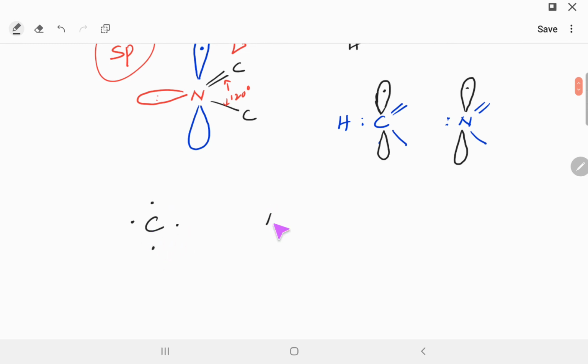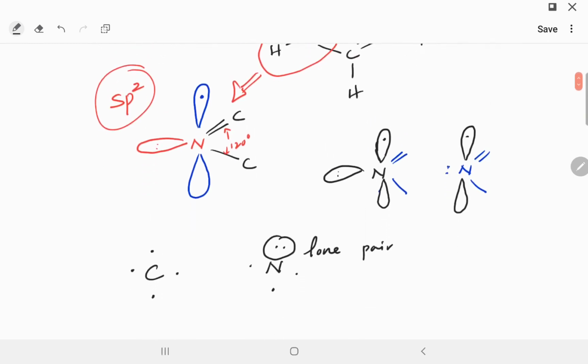But nitrogen has 5 valence electrons, which means it already has a lone pair. A lone pair is like a single bond without anything attached, so this lone pair can easily replace the carbon hydrogen bond.